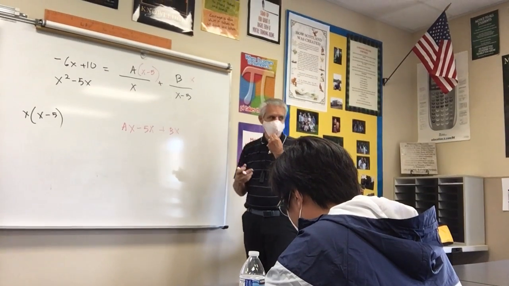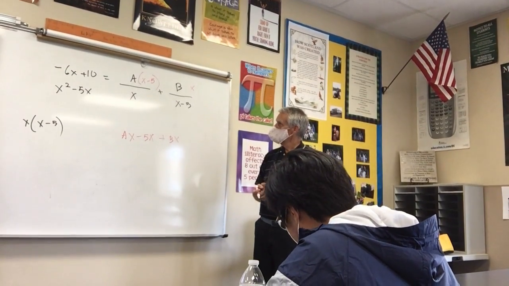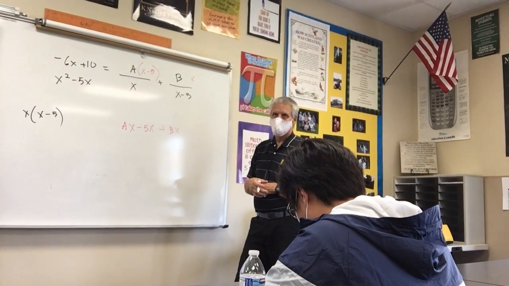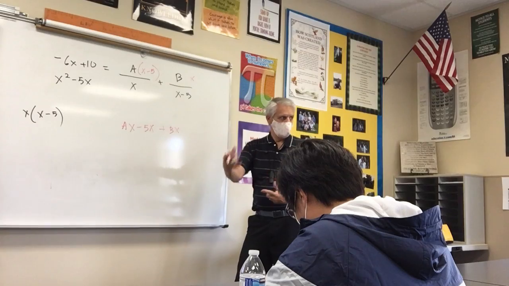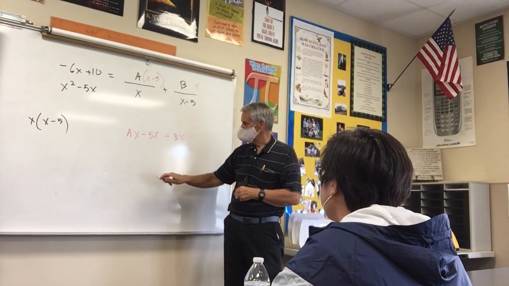Now I create my matrices. I know that a plus b has to equal -6. And I could put that in by substitution, but like I said, I prefer matrices.